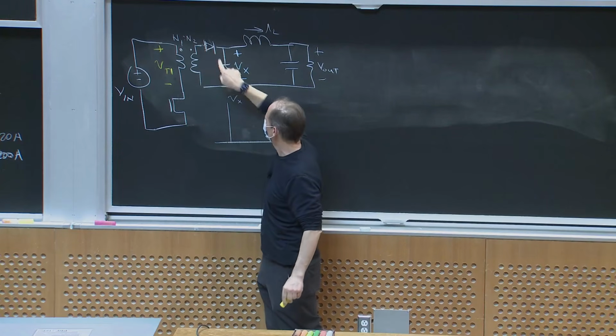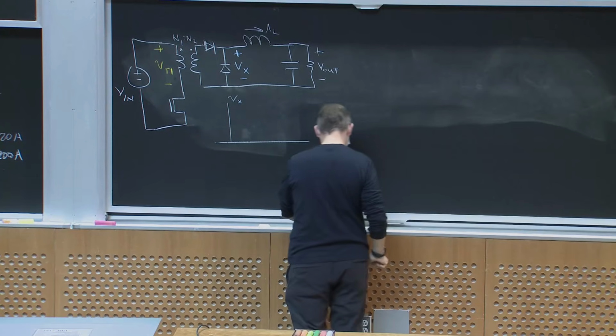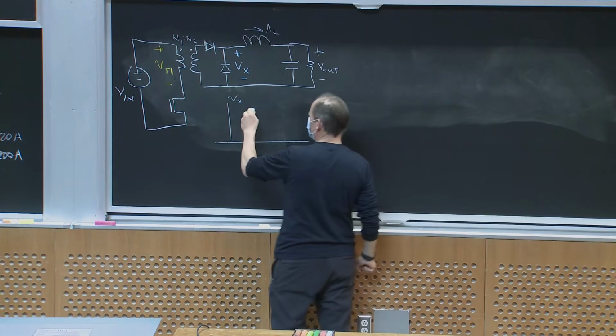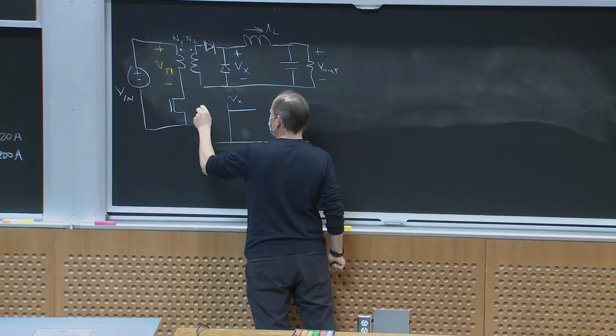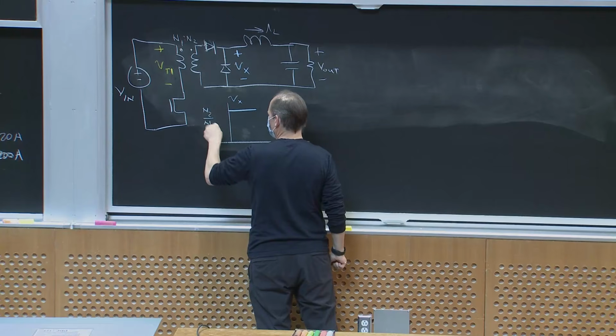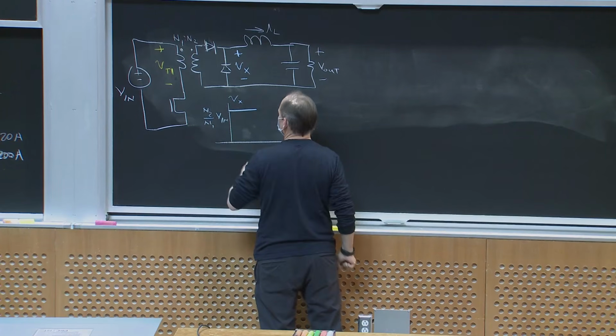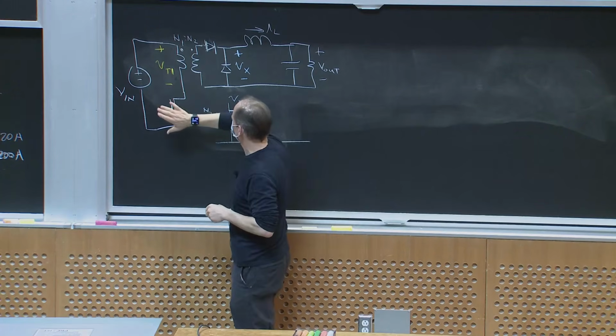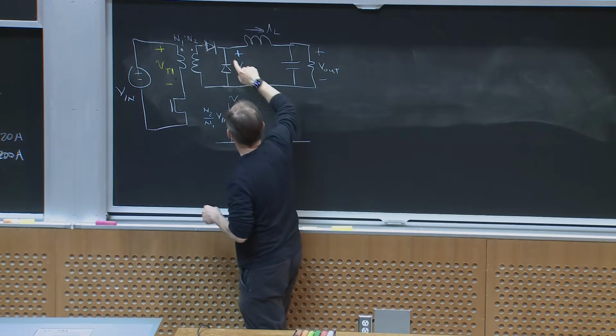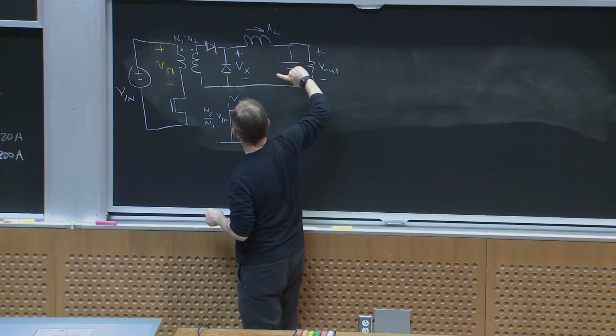This guy is going to be turned on, this guy is going to be turned off, so I'm going to get this voltage as being N2 over N1 Vn.